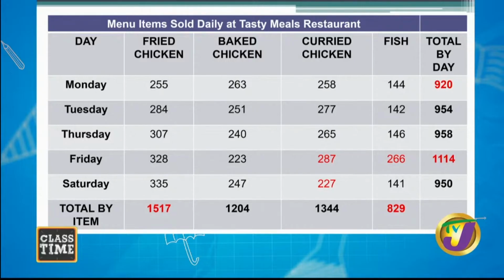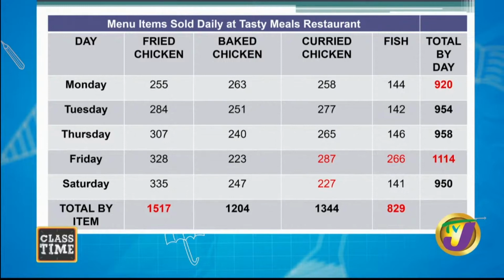Next column, we don't have any there. The curry chicken column, we have on Friday, 287 highlighted, and on Saturday, 227 highlighted. So you notice now there is a significant decrease between the figures on Friday and the figure on Saturday.